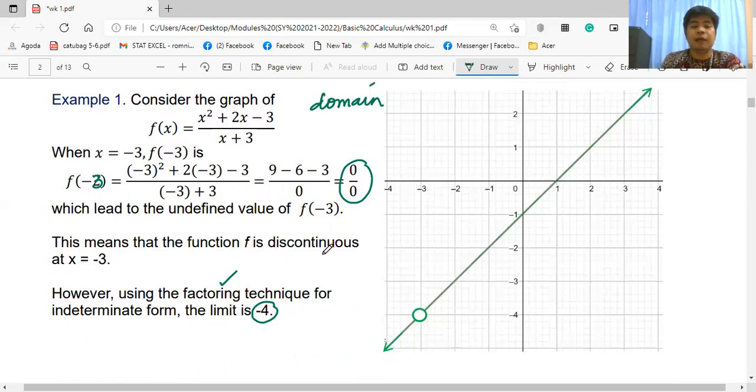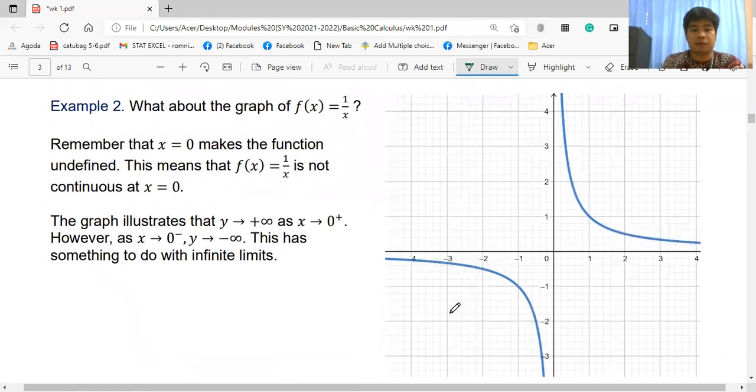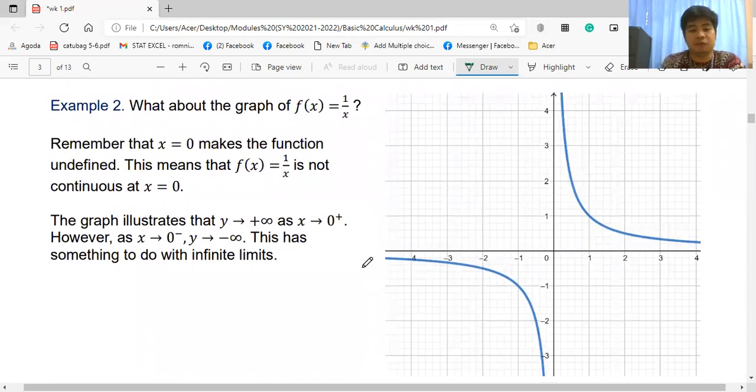Remember, class, that when the denominator is 0, that immediately means that the value of the function at that given x is undefined. It is also seen on the graph that there is an open hole here, which means that point is excluded. Next, we have the graph of f of x equals 1 over x.